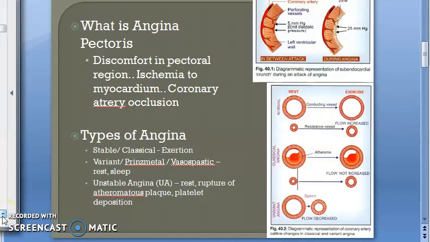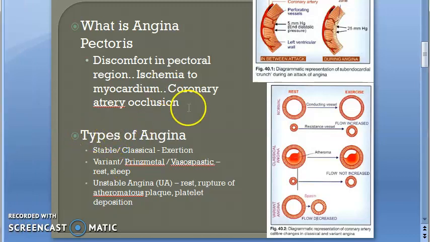Now let's move on, guys. Try to understand why there is decreased blood supply: because there is coronary atherosclerosis, or coronary vasospasm, or coronary thrombosis. So with exertion, atheroma can be there.